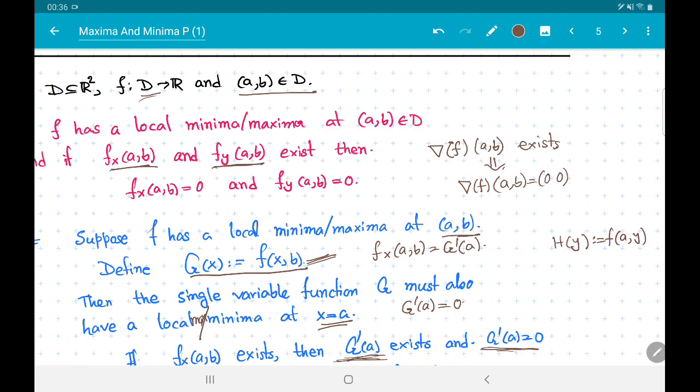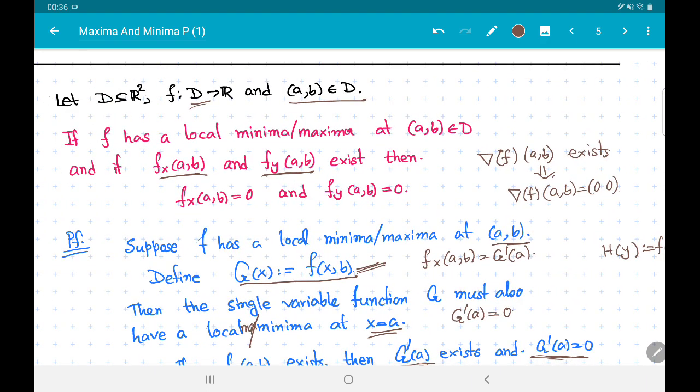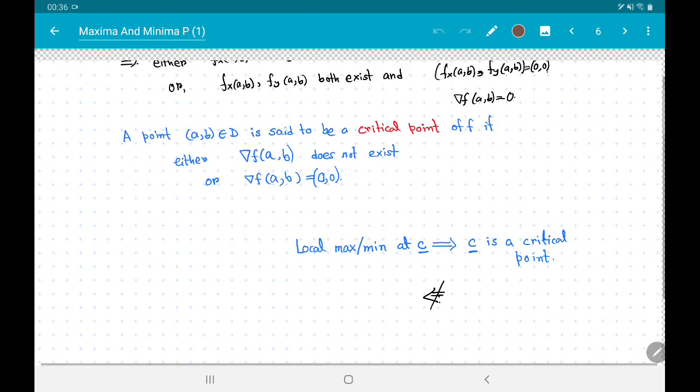So first we have got a set of points with certain properties: if the gradient of f exists at those points, then it must be equal to 0, or the gradient must be equal to the zero vector. So we should give this kind of points a name.